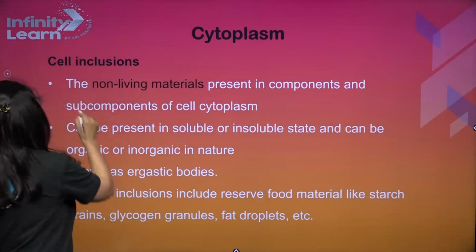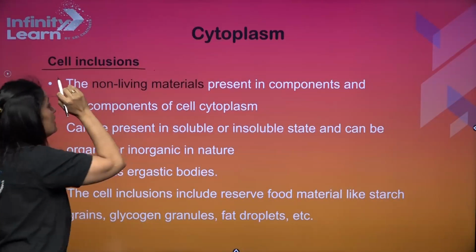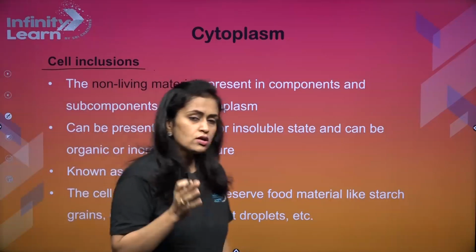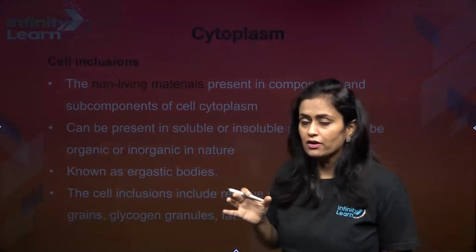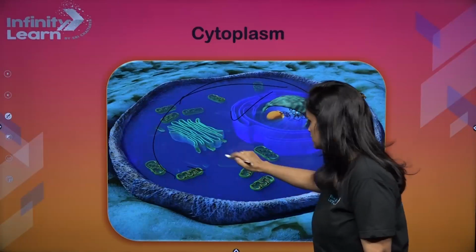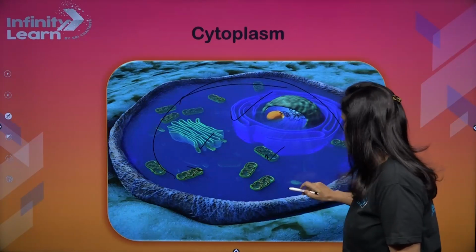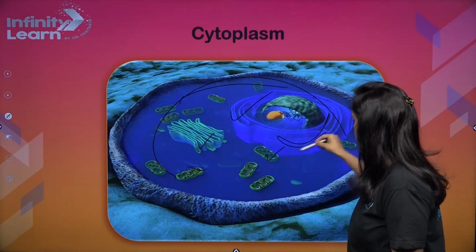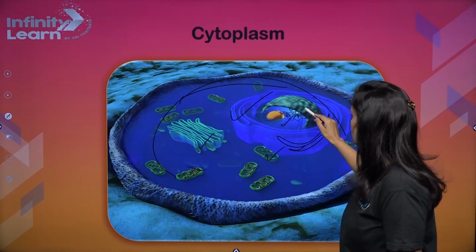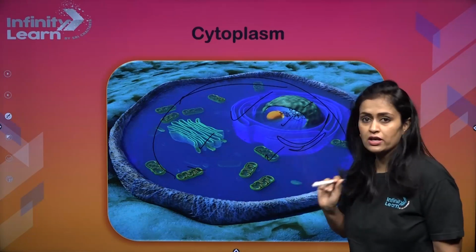The next part that it has is cell inclusions. What are cell inclusions? When we talk about the cell organelles, the Golgi apparatus, the mitochondria, the endoplasmic reticulum, the nucleus, all of these are living components.